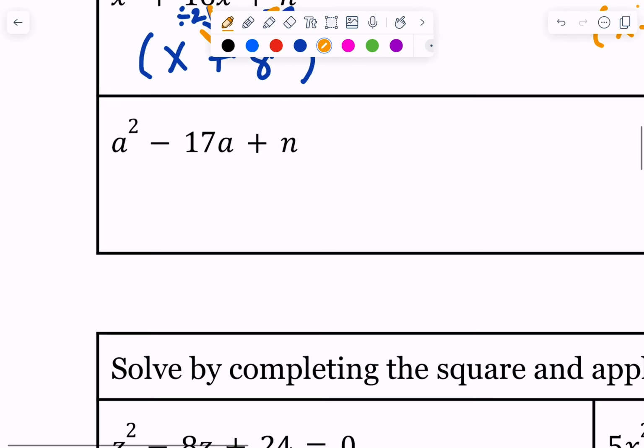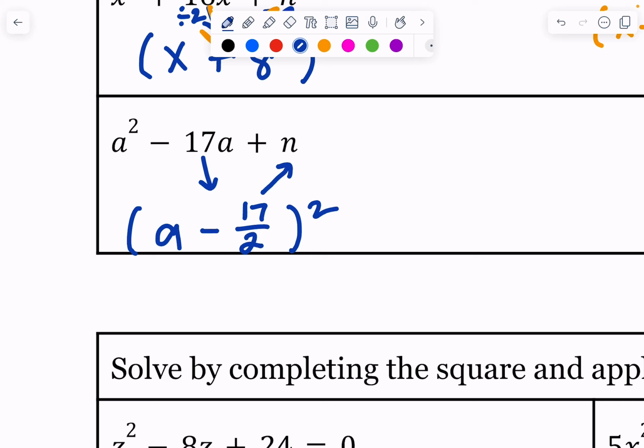All right, following that same pattern, we are going to have parentheses squared, and we're going to have an a this time. When I divide by 2, I can do decimals, but in the future, fractions just simplify things a little bit. If I divide by 2, it's literally 17 divided by 2. And then if I square it, if you think about squaring a fraction, you multiply the top times the top, the bottom times the bottom.